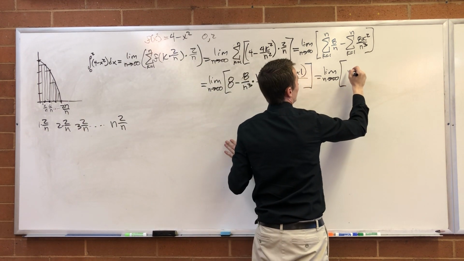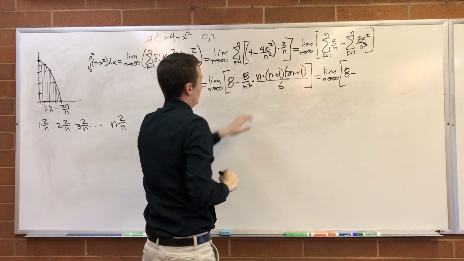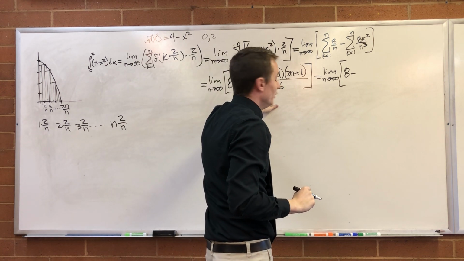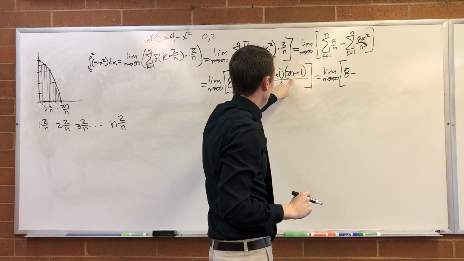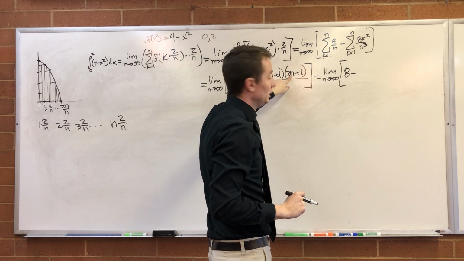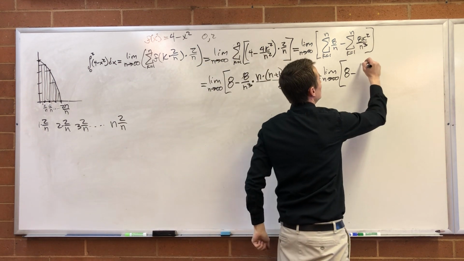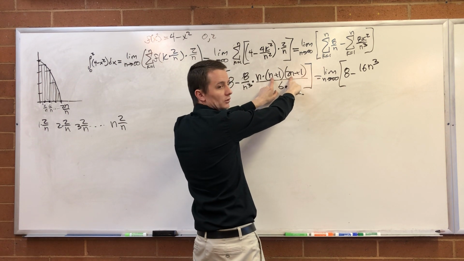This is the limit of 8 minus, now we gotta distribute this massive beast. So n times 2n is going to be 2n squared, times n is 2n cubed, so 16n cubed. So that was doing these two. With me so far?